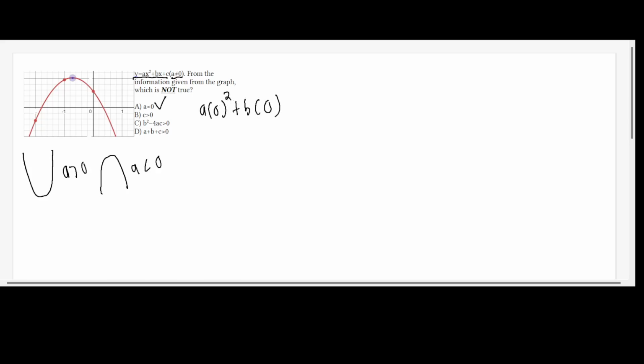Actually, this is technically squared, but yeah, 0 plus C is equal to Y. And then C is equal to Y. That means when X is equal to 0, Y is equal to C. And C is here, it's in the positive. When X is equal to 0, the Y is positive. That means C must be greater than 0. It must be a positive number. So this is also correct.